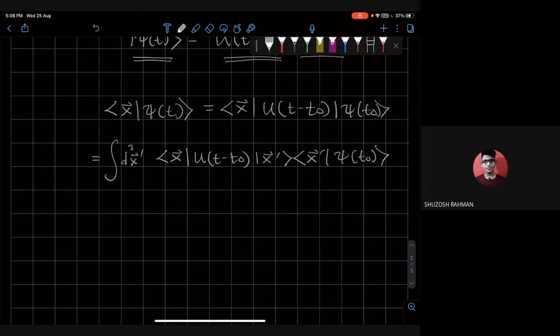And thus we see that we get the expression that the wave function at some time t is given by the volume integral of the propagator, whose arguments, one argument is at the final time and spatial position, and the other argument is integrated over all the initial positions at the initial time.